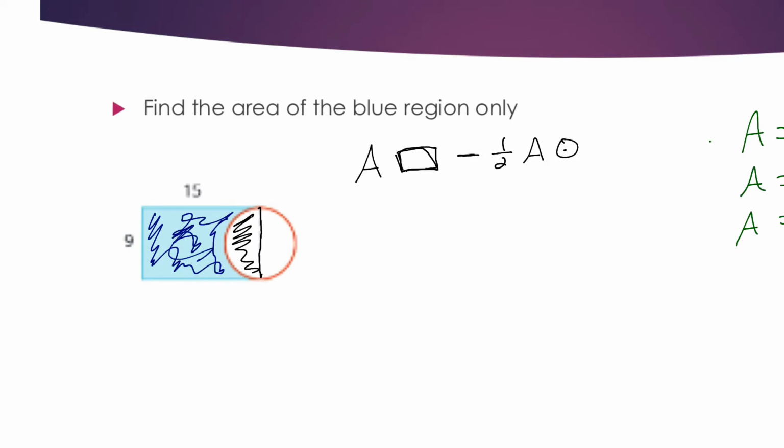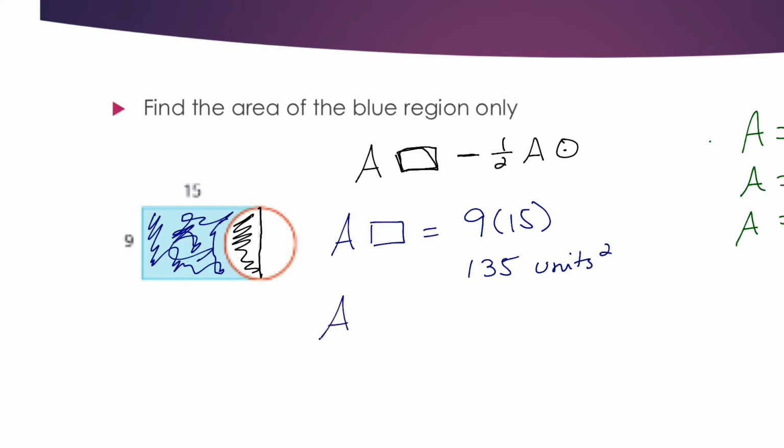All right, so let's find the area of the rectangle first. So the area of the rectangle is 9 times 15, which is 135 square units, because we don't know the units.